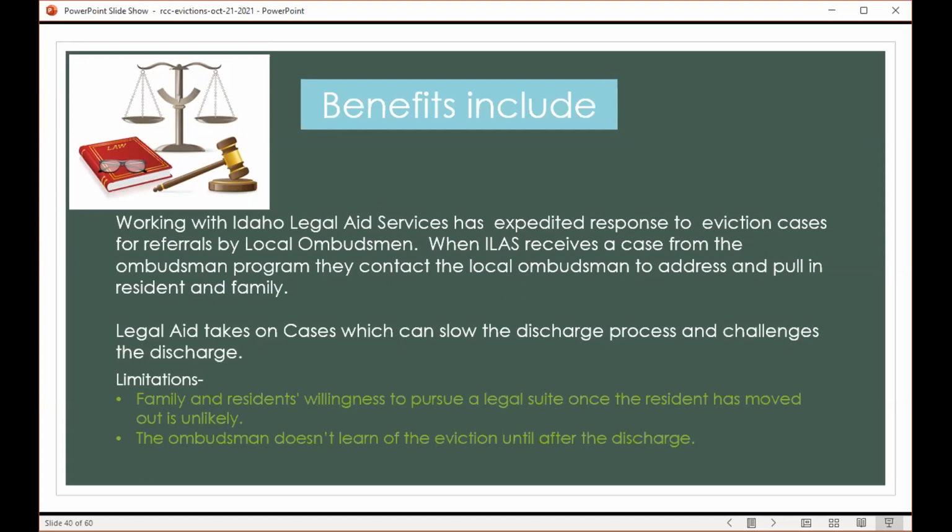But when we have the opportunity to have that knowledge beforehand, we are able to reach out to legal aid services, and with that first contact, the greatest benefit that we can hope for is when the facility rescinds that eviction.